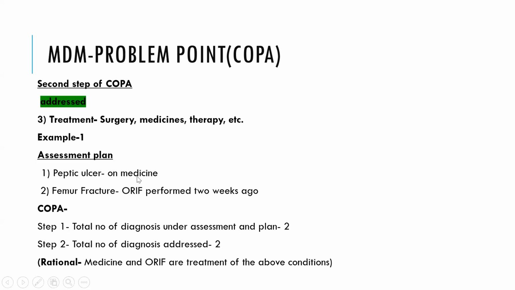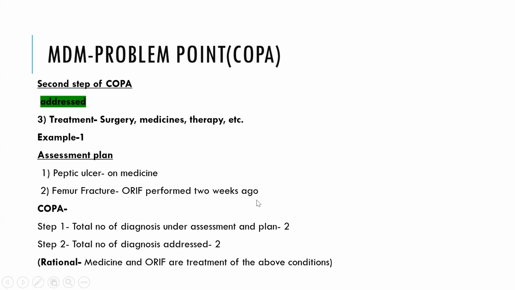So this is addressed on medicine. Yes, they are talking about the treatment. ORIF, what is ORIF? Open reduction internal fixation. This is a procedure which the physician performed 2 weeks ago. So in this case, you can say that this is also a treatment which they have done 2 weeks ago. This also you can consider as addressed.